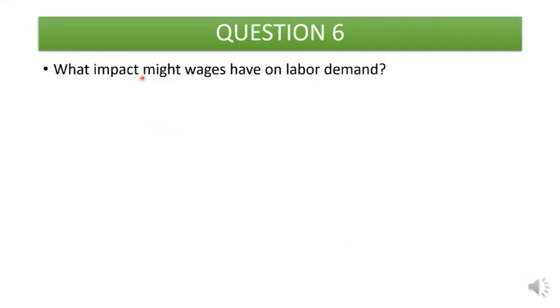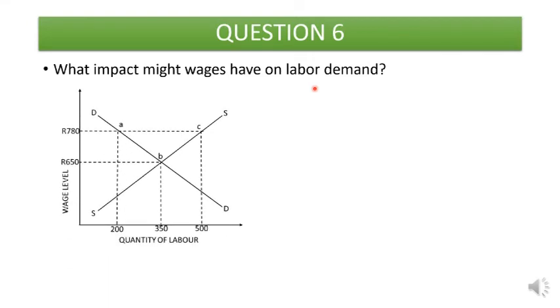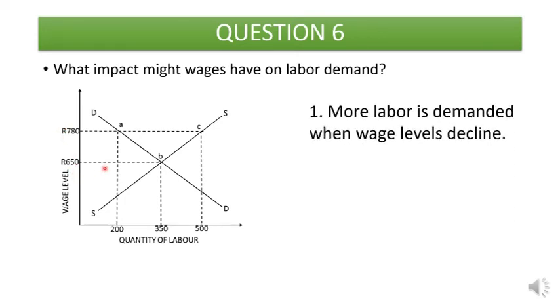Question 6. What impact might wages have on labor market? We need a graph once again. What impact might wages have on the labor market? Well, it depends on whether there is an increase in the wage or there is a decrease in the wage. But when the wage level drops, let's say from 750 to 650, demand for labor is going to increase.